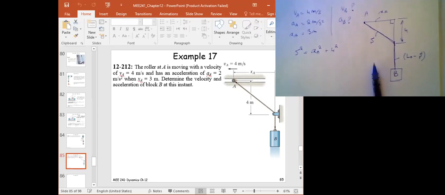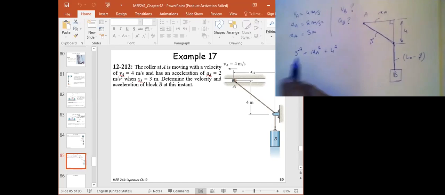We can't find S prime, doctor. Exactly, so I'm trying to find S prime. How can I find S prime from this relation? Differentiate it, right? If you differentiate this, what do I get?